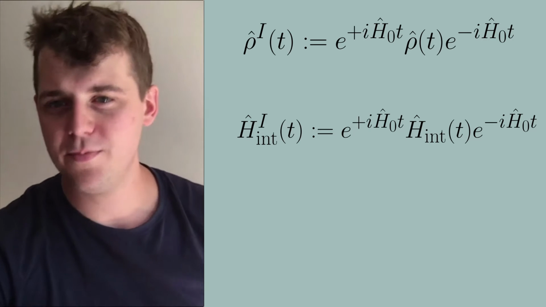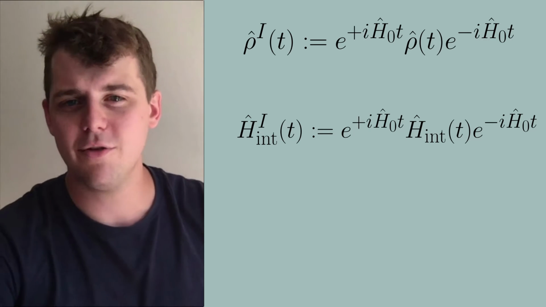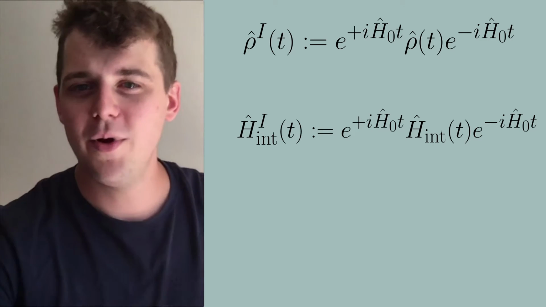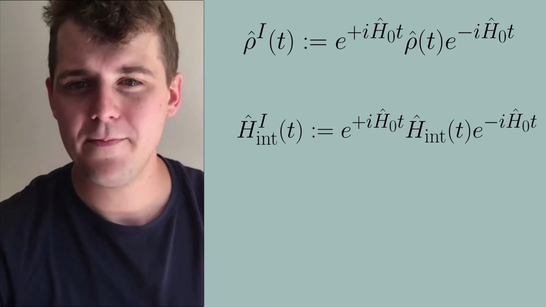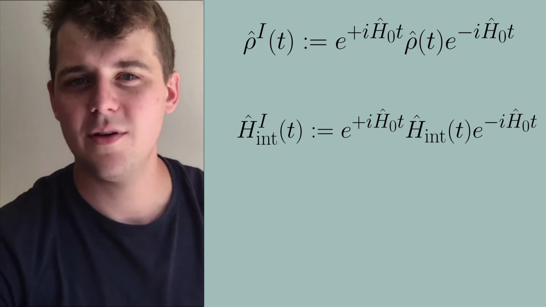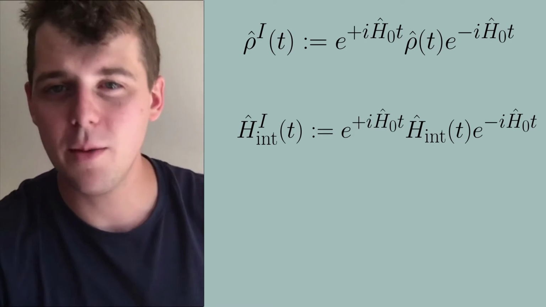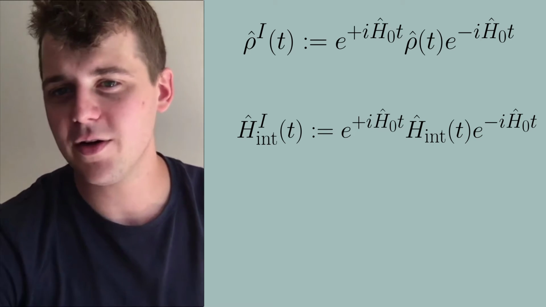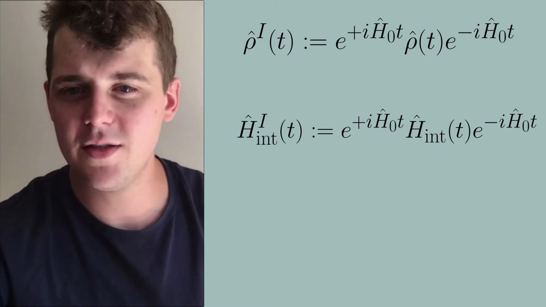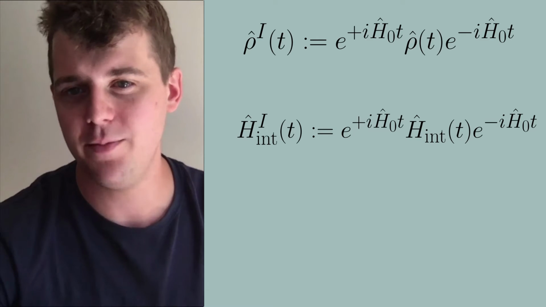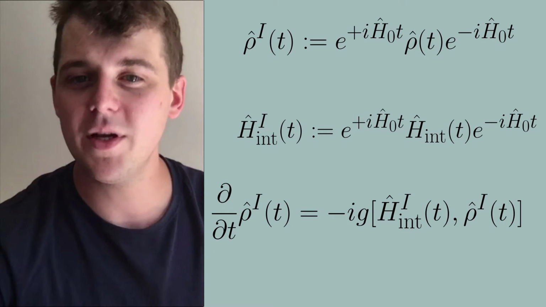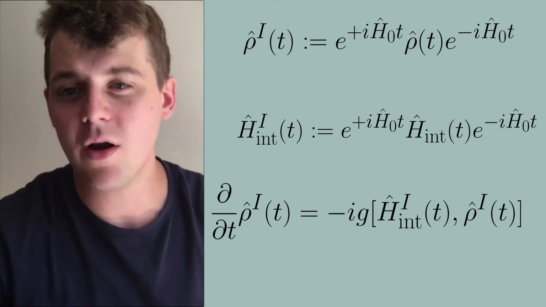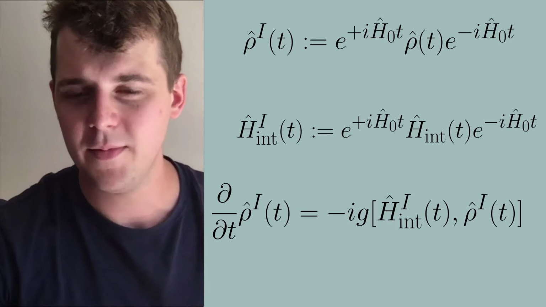It's a reasonably short exercise to show that when you take the time derivative of rho of I and then use the von Neumann equation that I've earlier discussed, what you get is the von Neumann equation in the interaction picture. This is a cleaner equation because there's no H naught explicitly in the equation.